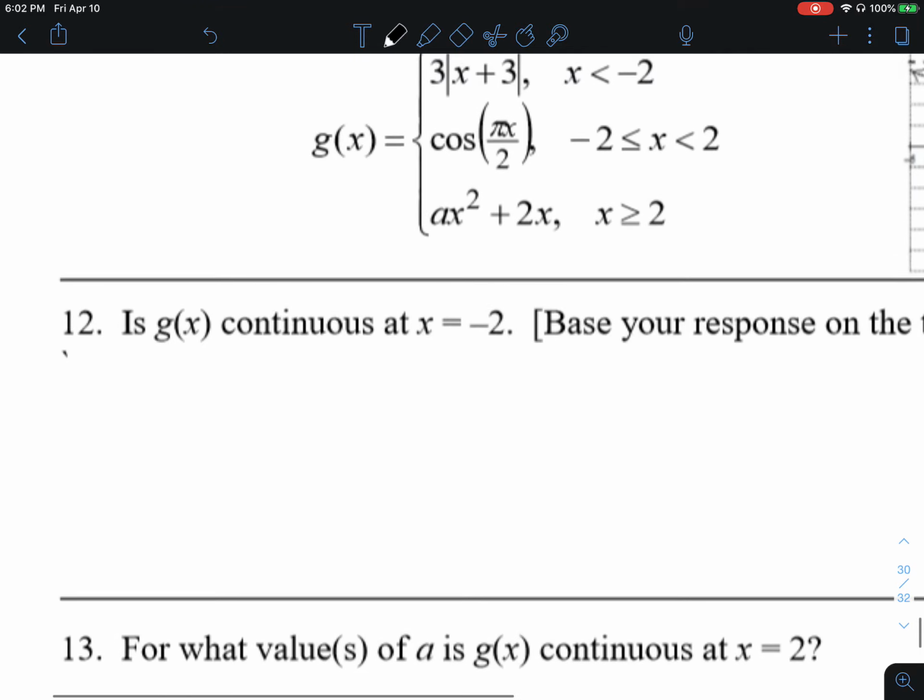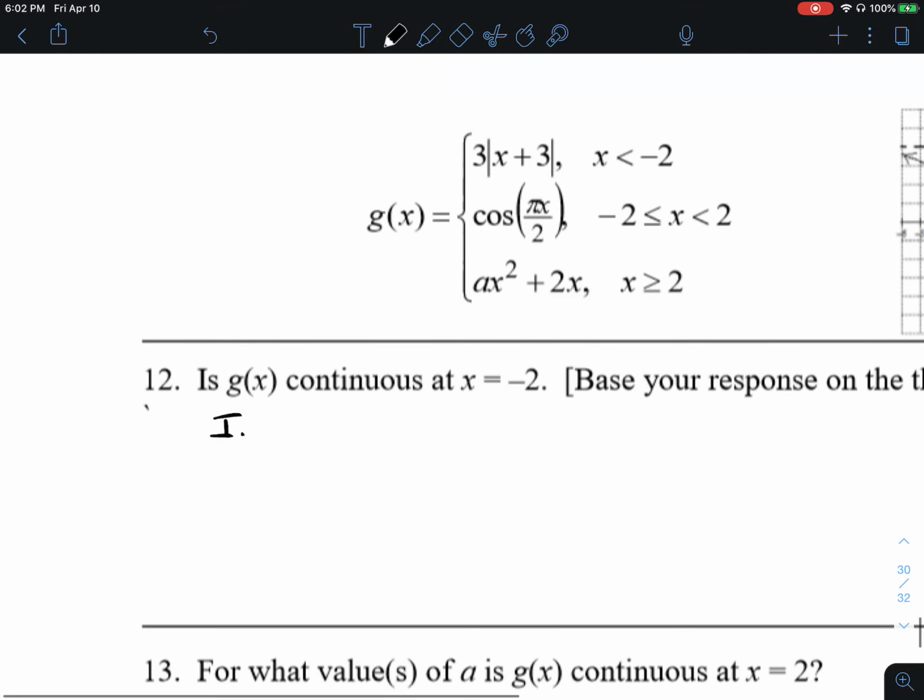Well, let's use the 3-part definition. One, is g of negative 2 defined? Yes, g of negative 2 is defined. It's going to be cosine of negative pi, which is negative 1.